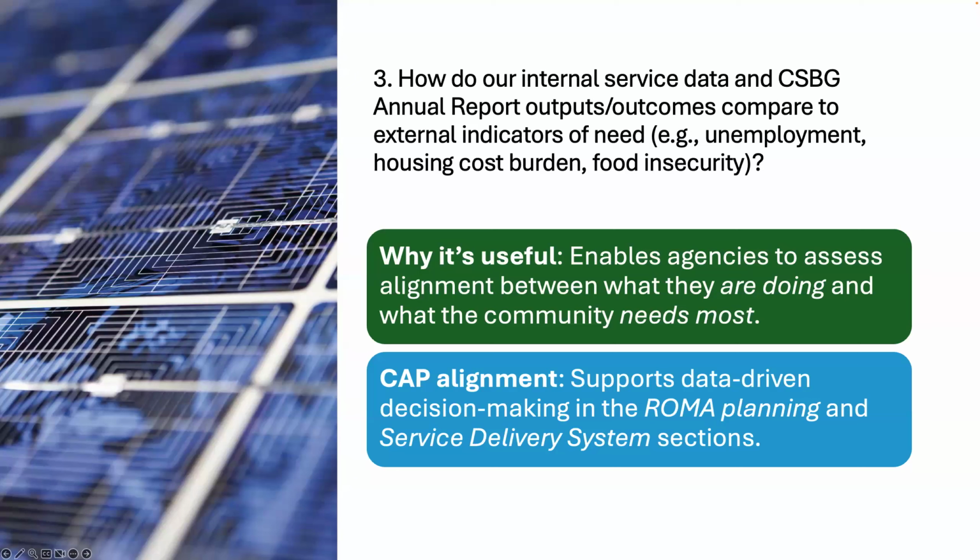So does it match essentially that, why it's useful? We're trying to see if what we're doing is really what the community needs the most. And that goes back a little bit into our prioritization from the last question. And then in your CAP, that's going to support the ROMA planning and service delivery system sections as you identify what's fitting.